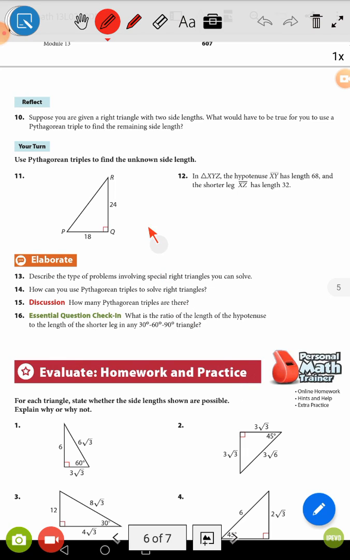How to find the unknown side, that side. It's 18 power 2 plus 24 power 2 under root. You can do it. You took it before.